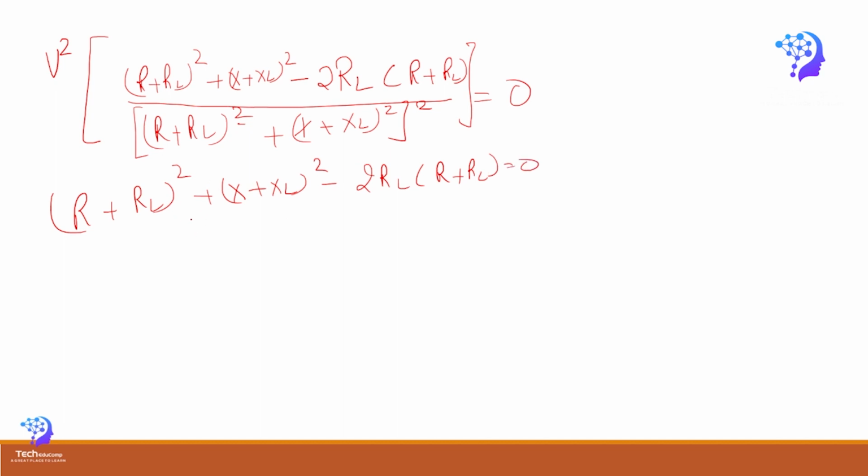Now taking R plus RL common and shifting there, it will be minus (R minus RL) plus (X plus XL) whole square.